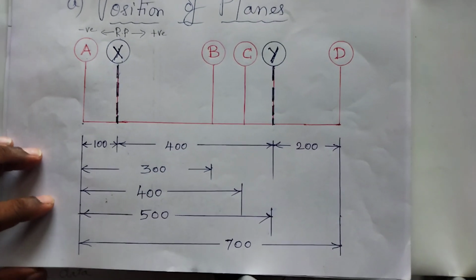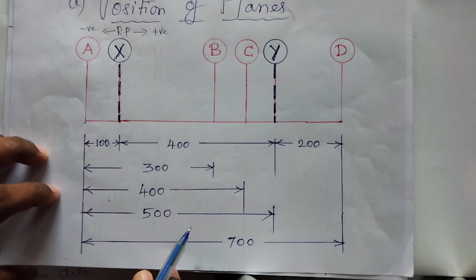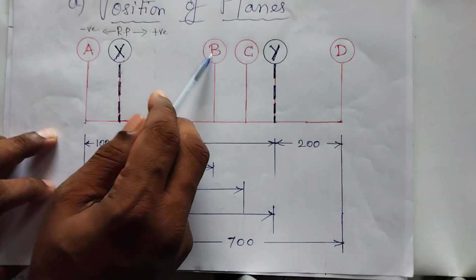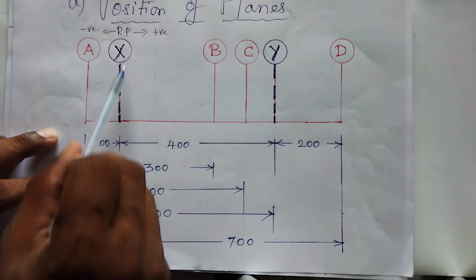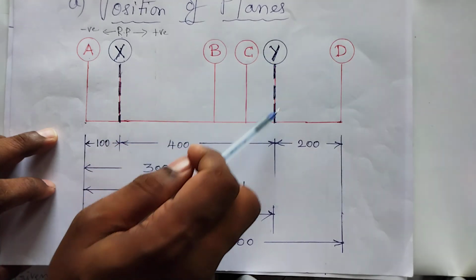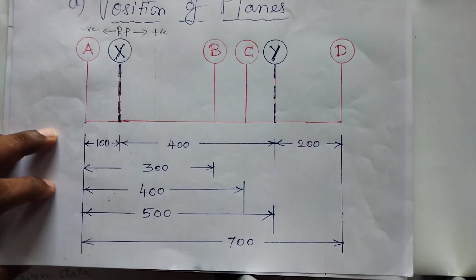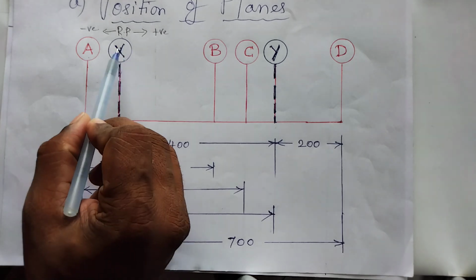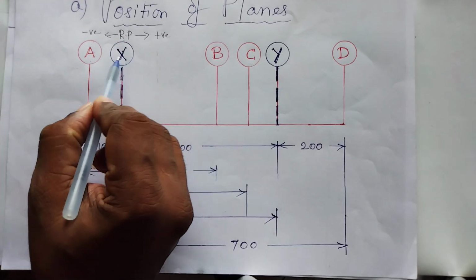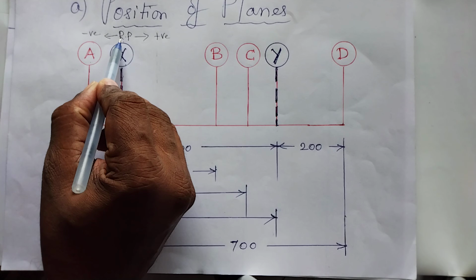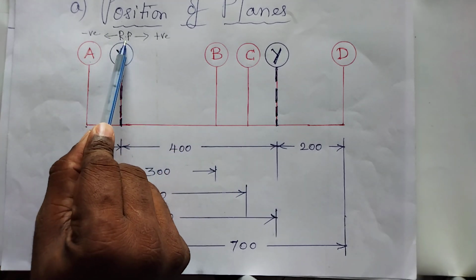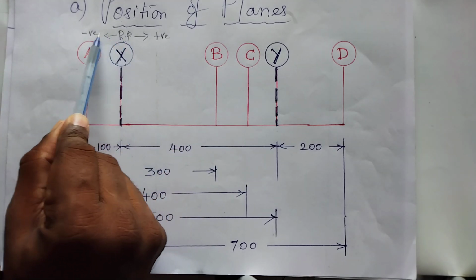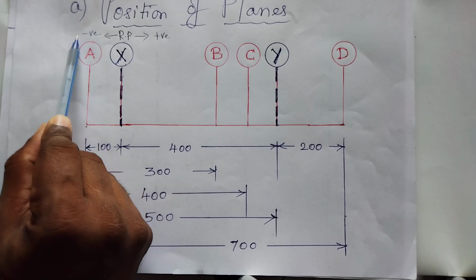As per the given example, the dimensions are mentioned here: mass A, mass B, mass C, mass D, and these are the balancing mass planes. X and Y are the balancing mass planes, and I told you we have to assume the reference plane. So you can see here I have assumed this X plane as the reference plane. From the reference plane towards left side you have to consider as negative.